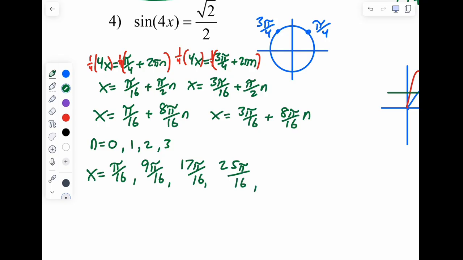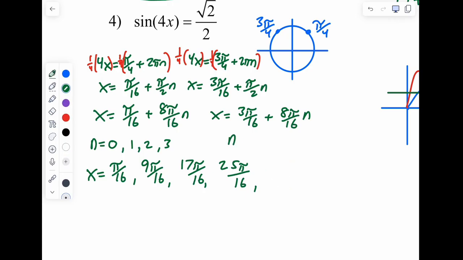The next one would be 33 pi over 16, but don't write that one. Why is 33 pi over 16 no good? It's too big because it's bigger than 2 pi. And the whole point of these problems is to find all the answers between 0 and 2 pi. This is over 2 pi, so I stop on that one.